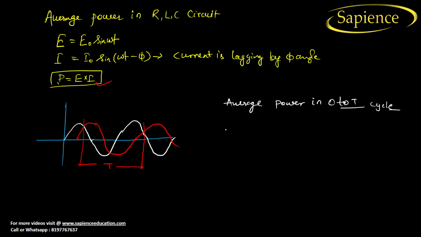Now if we talk about the instantaneous power, the instantaneous power will be equal to instantaneous EMF into instantaneous current. If we put in the values, we get E naught sine omega t into I naught sine omega t minus phi.